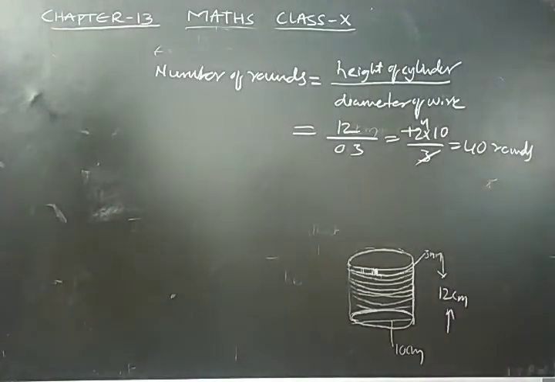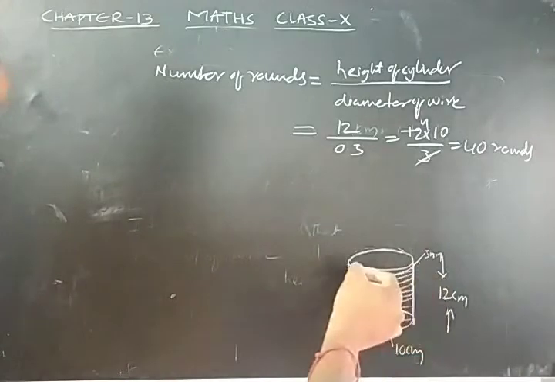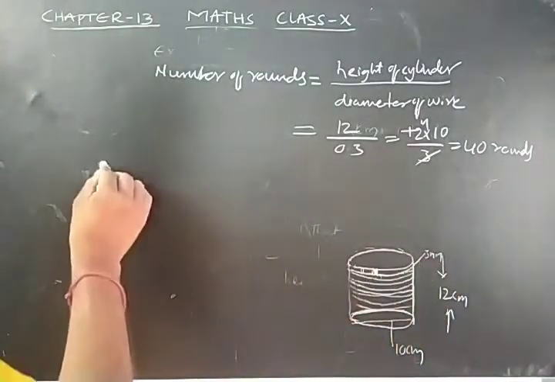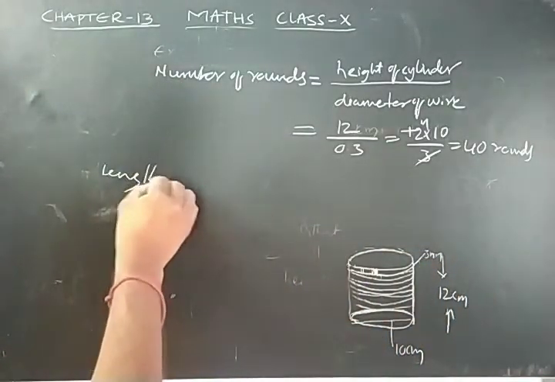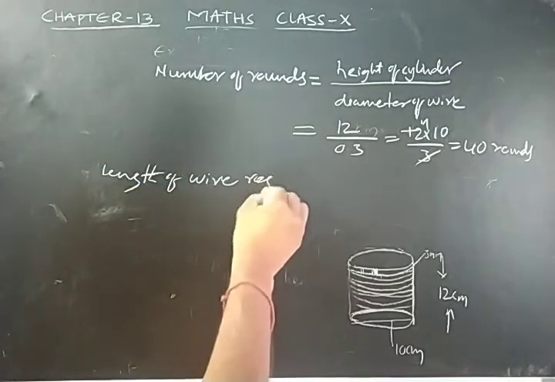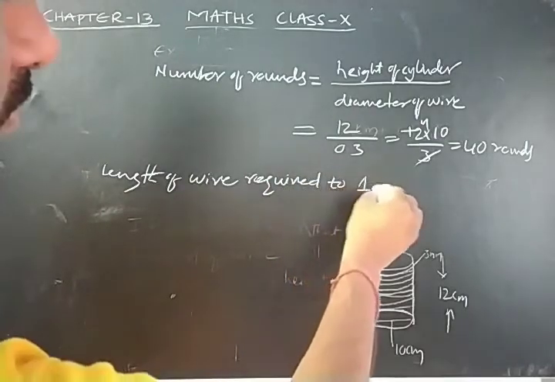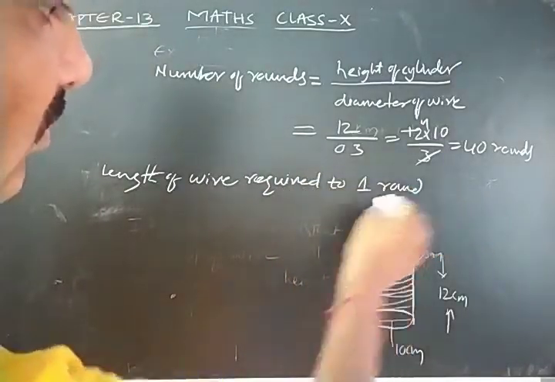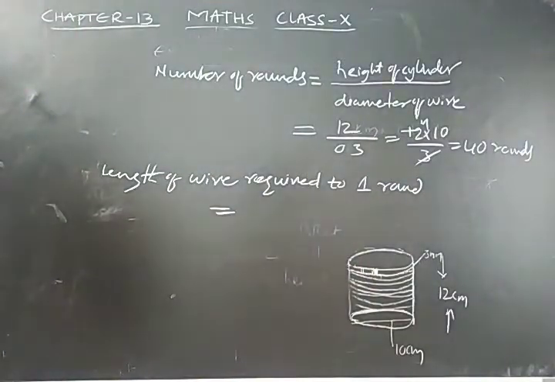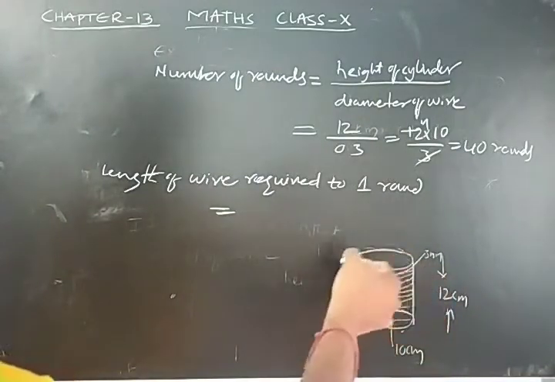Now the length of wire required for 1 round. How much wire is required for 1 round? I am going to find that. Length of wire required for 1 round is equal to the circumference of the base or top of the cylinder.